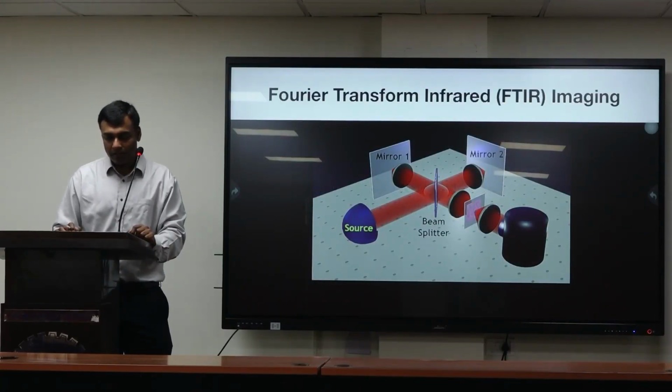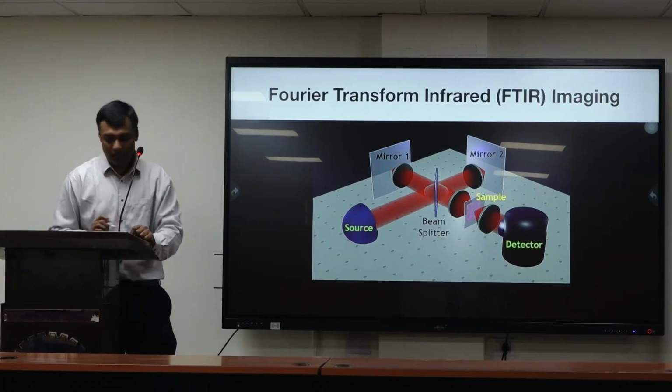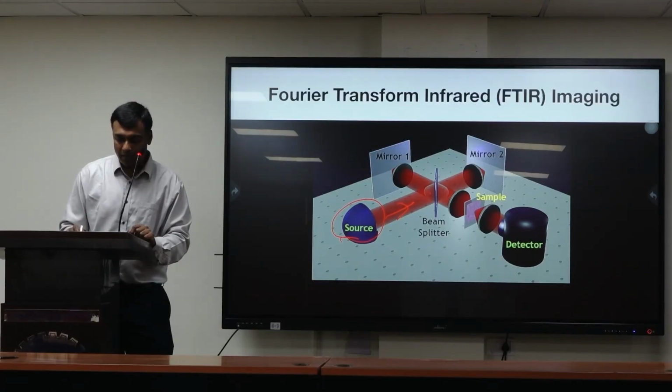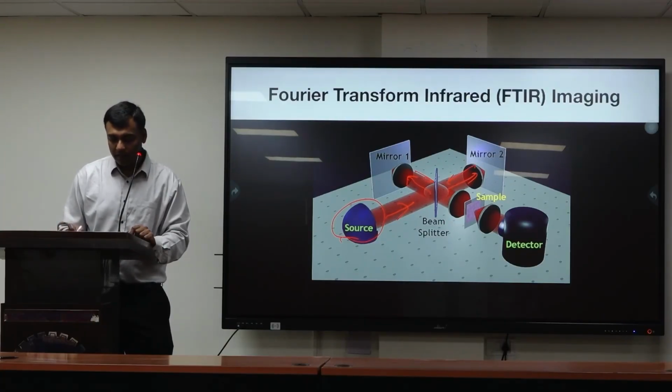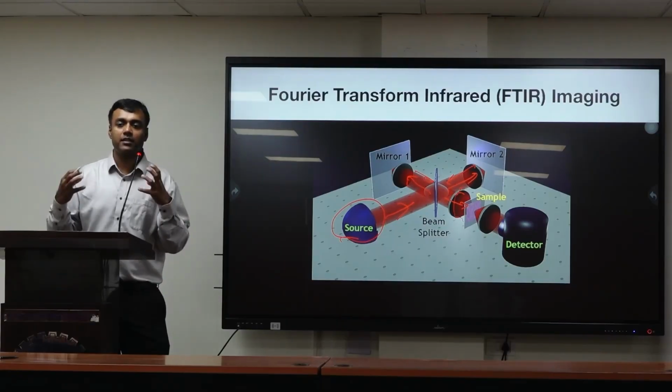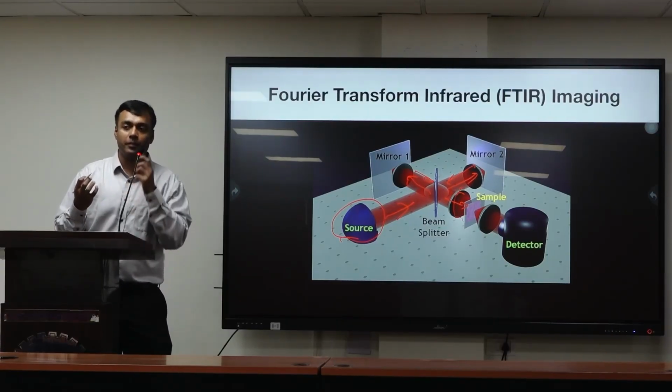So the FTIR system looks something of this sort. It's a cartoon schematic where you have a source of light. Light comes out and goes to a beam splitter, goes to a mirror, comes back, goes to a second mirror, comes back, and then goes to the sample. The important thing is, instead of light just going through the sample, it's focused using a pair of lenses onto a sample.